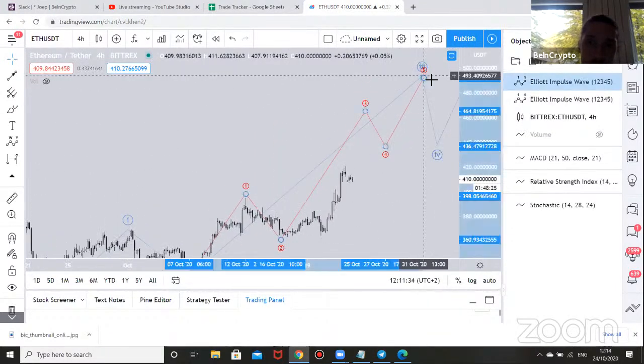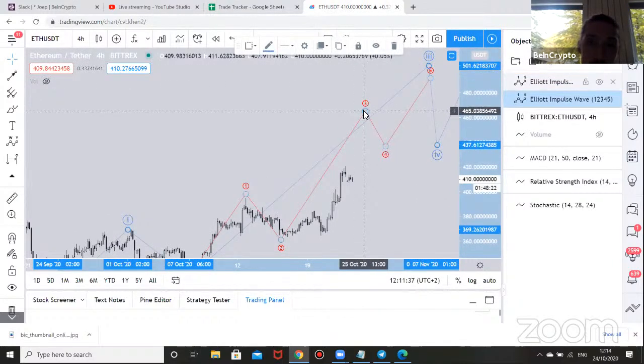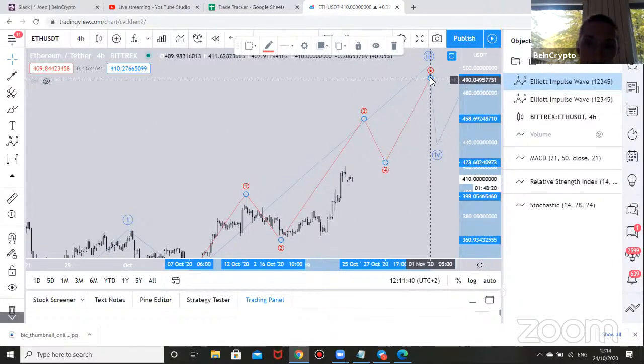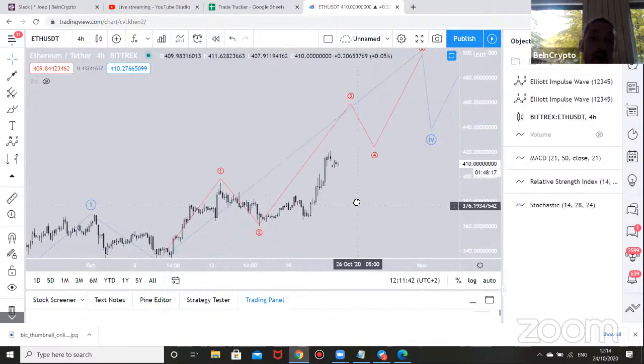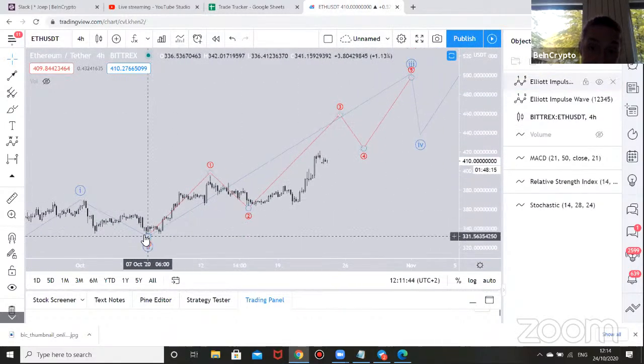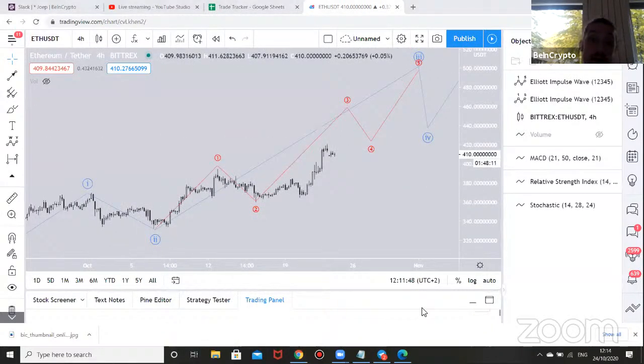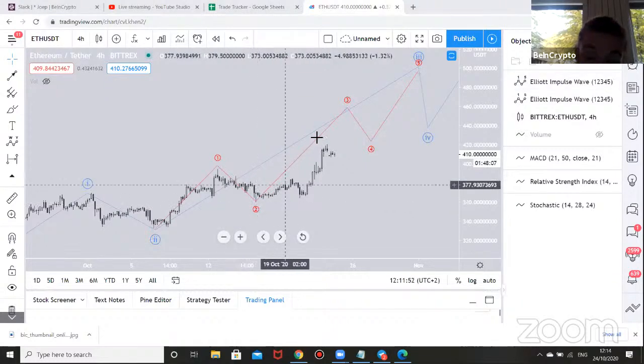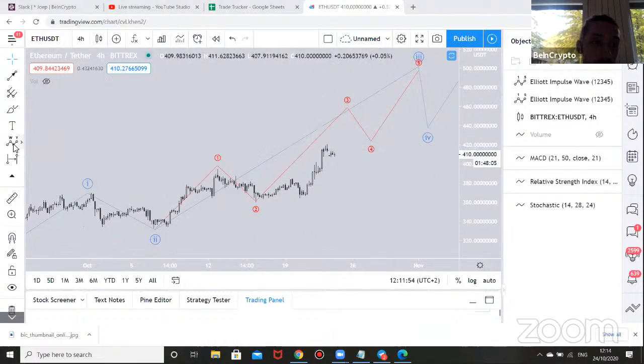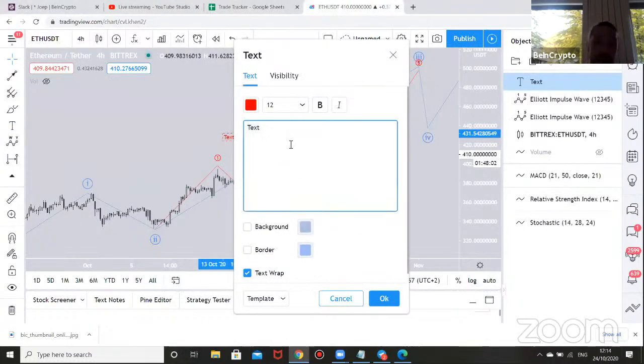Now, this is not a rule, but it often happens this way. If wave 3 has extended, in this case the blue wave 3, then often the third subwave in that wave also extends. So basically, if the longer term wave 3 extends, subwave 3 inside that wave also extends.